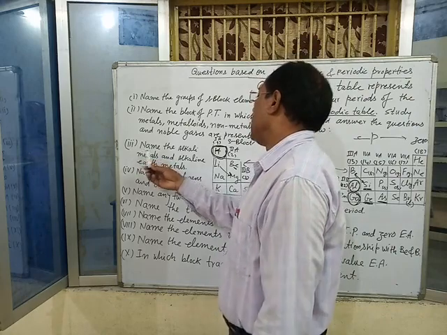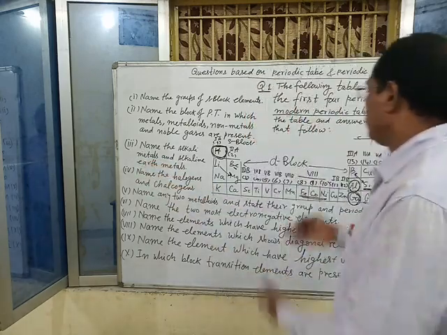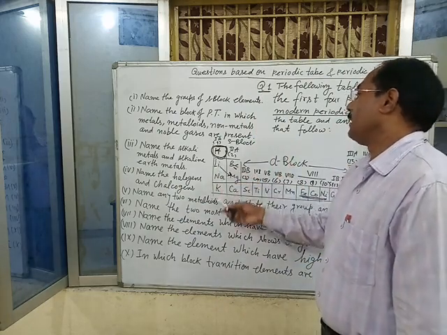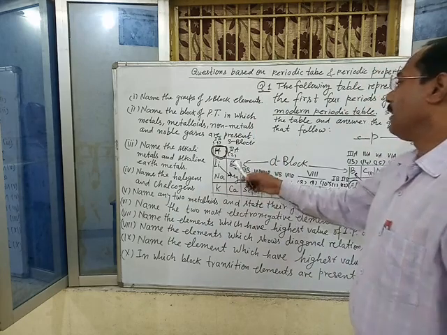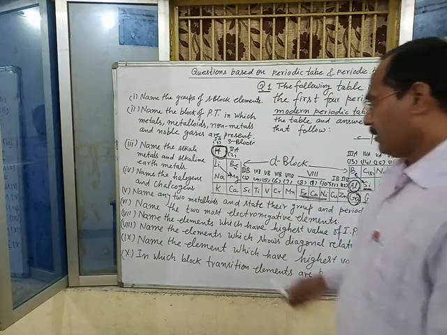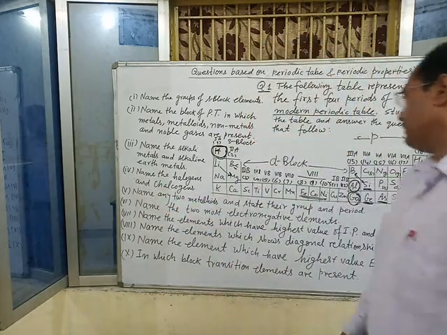Next question is, name the alkali metals and alkaline earth metals. In this question, lithium, sodium and potassium are alkali metals. Beryllium, magnesium and calcium are alkaline earth metals. Next question is, name the halogens and chalcogens.